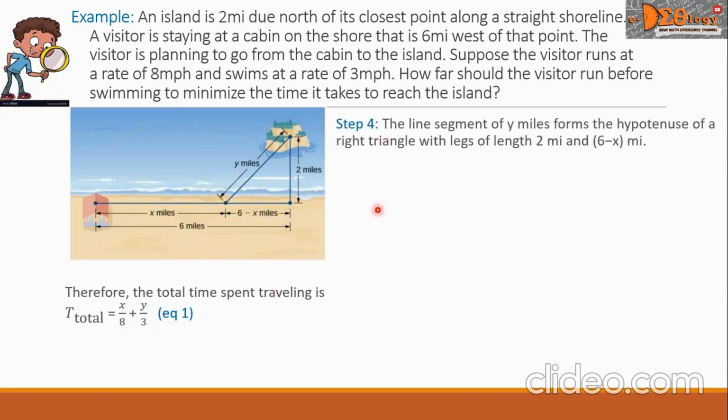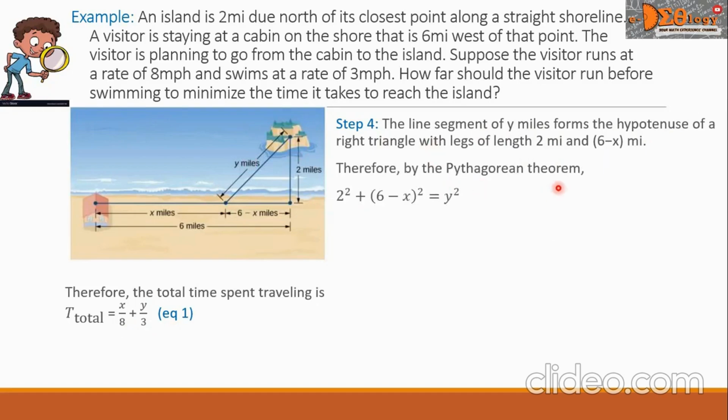Step 4, looking at our figure here, the line segment of y miles forms the hypotenuse of a right triangle with legs of length 2 miles and the quantity 6 minus x miles. Here is our right triangle.